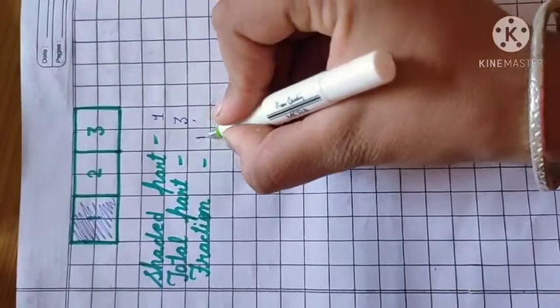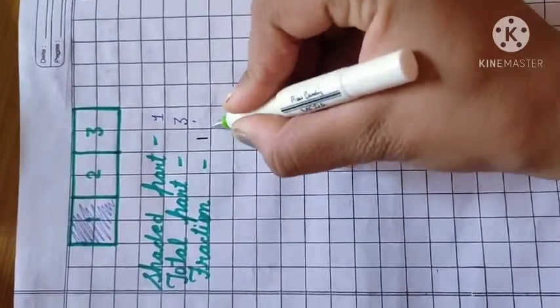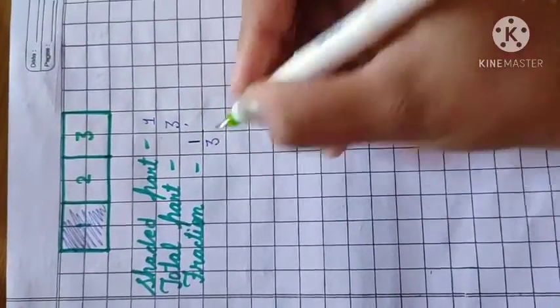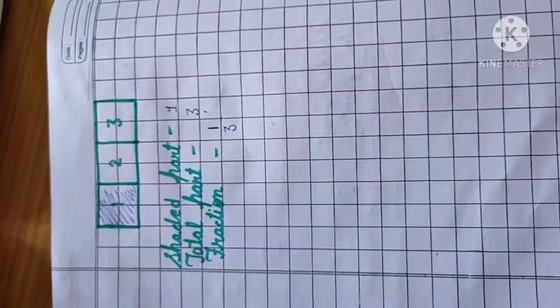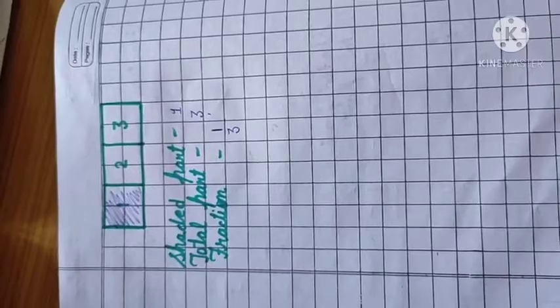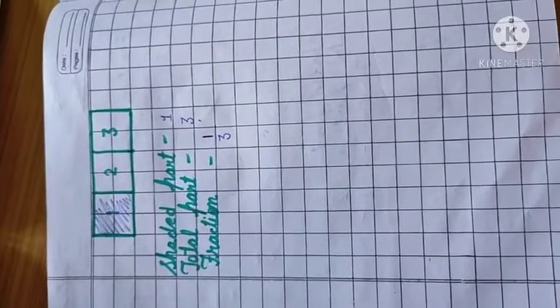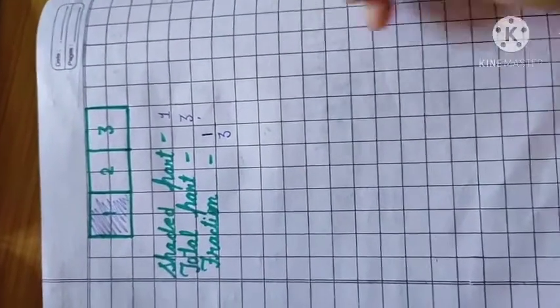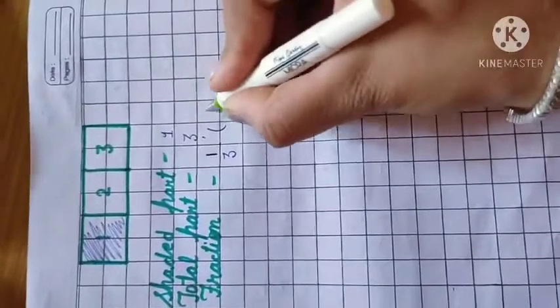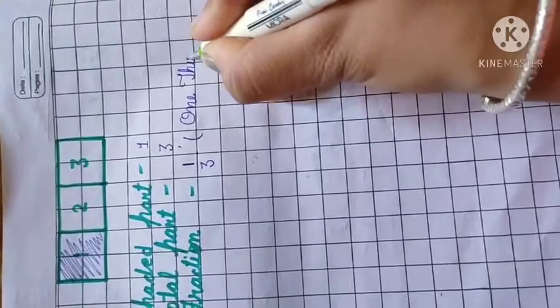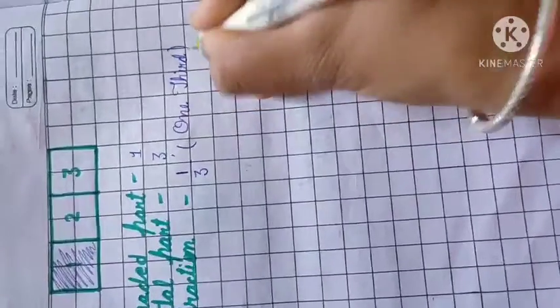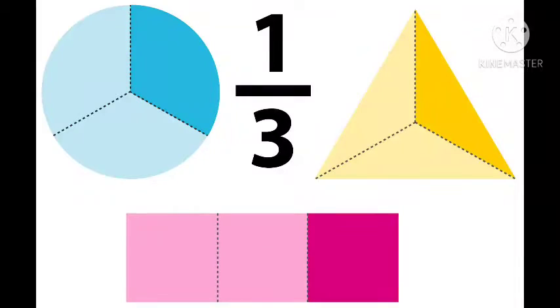We write the shaded part above the line and total parts below the line. So the fraction is 1 upon 3, or you can say 1 by 3, or we call it 1/3. Let's see the shapes which show the 1/3 part.